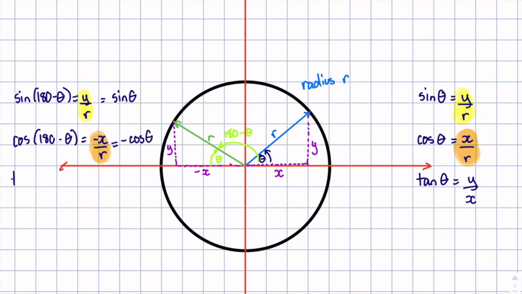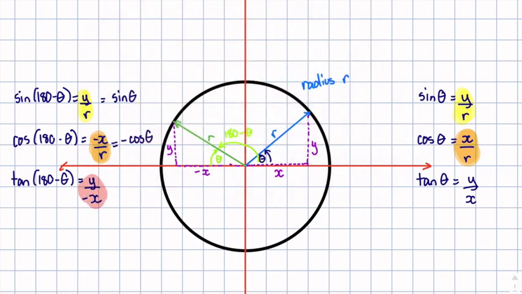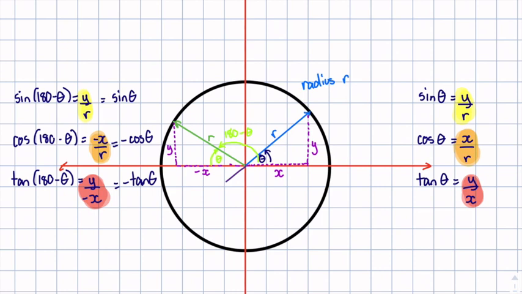And if I have tan of 180 minus theta, then that's y over minus x, whereas the original is y over positive x. This comes to minus tan theta. We can replicate this for going down this way.